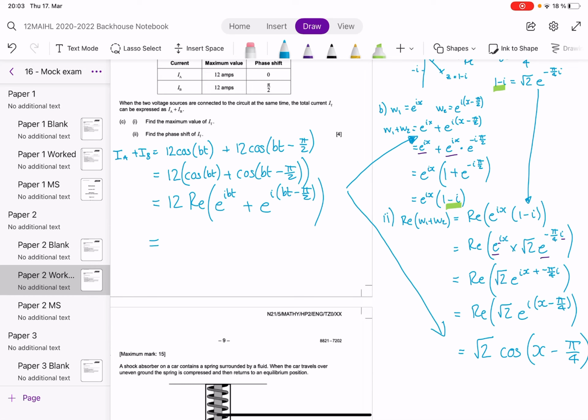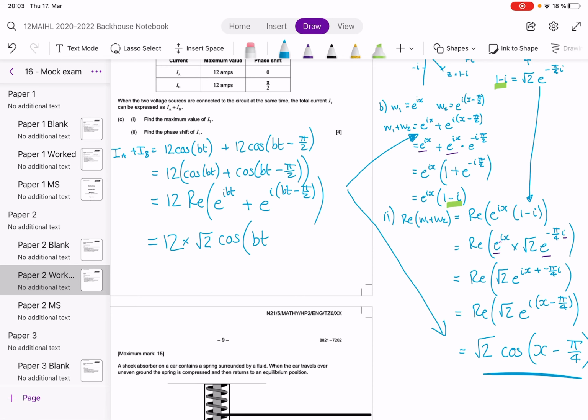So we've still got that 12, but I'm going to just take this result from B part 2. I'm going to say it is 12 times root 2 cos, it's not x, instead of x I've got BT, and then minus pi by 4.